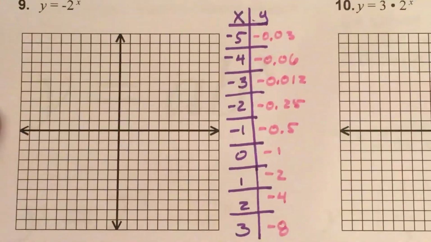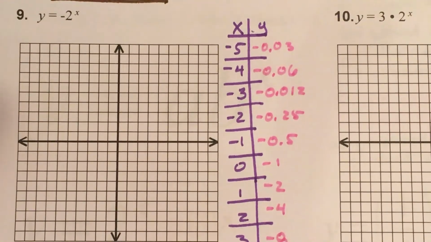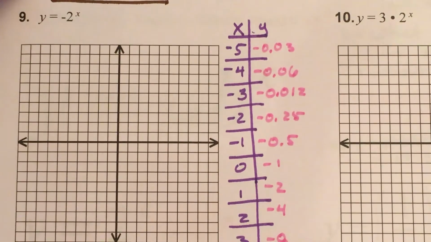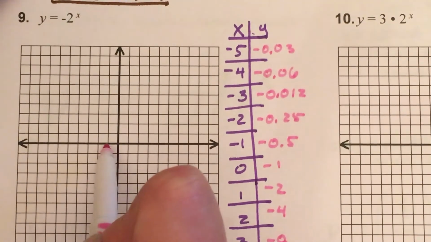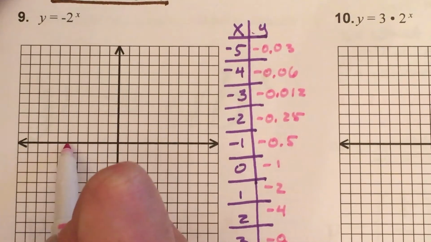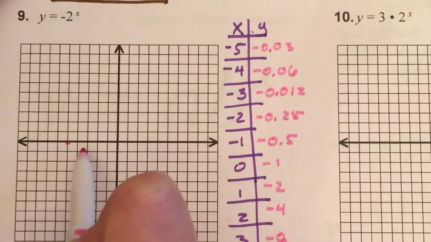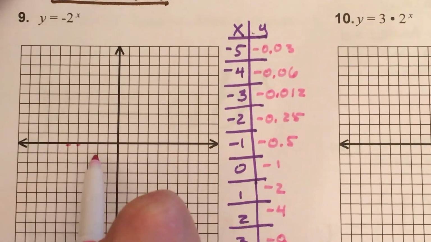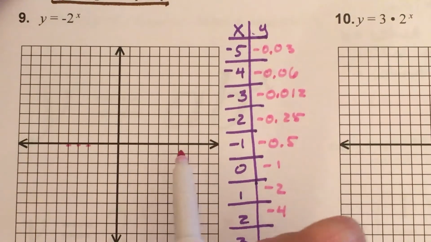So these numbers are very similar to the ones that we had on the first page. They're just all negative because they are all reflected over the x-axis. So 1, 2, 3, 4, 5, down 3 cents. Negative 4, down 6 cents. Negative 3, down 12 cents.